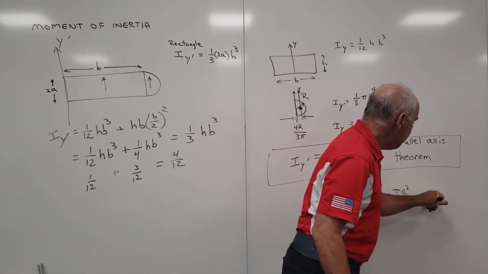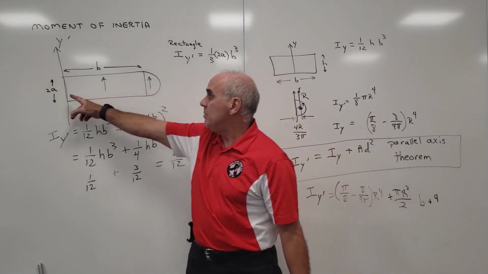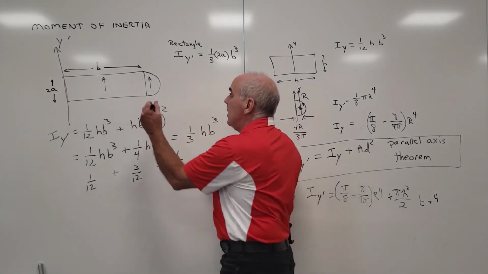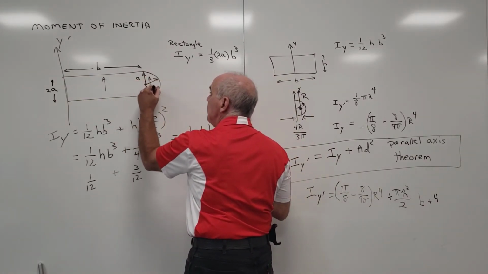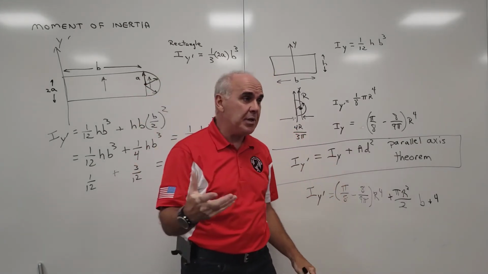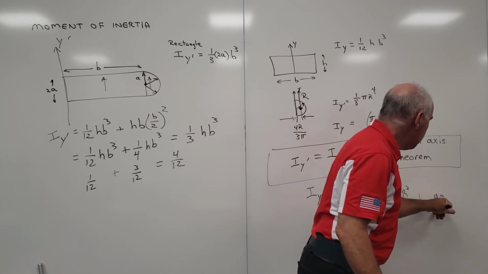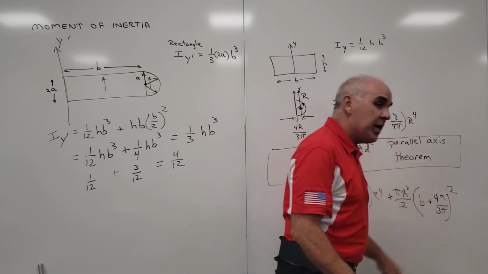So plus 4r over 3 pi, but r, the radius, is going to be a, right? If this has a total length of 2a, then from here to here is a, and that's going to be the radius wherever I'm at. So 4a over 3 pi, and then I would square that.